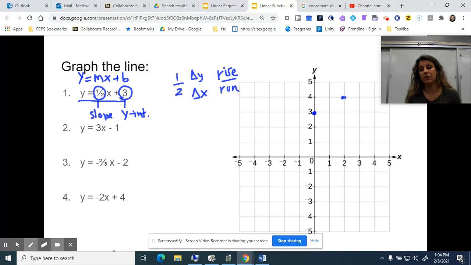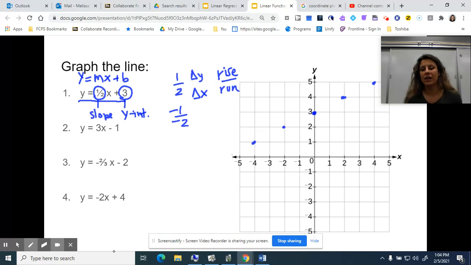Now, I could continue to rise 1 and run 2, get as many points as I want on the line. Now, also remember that negative divided by negative does make a positive. So instead of moving up and to the right, I could move down and to the left, and I should still be on that same line.